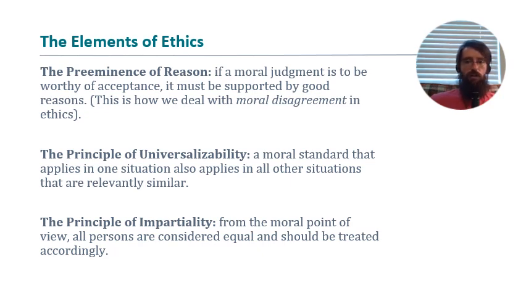If it's wrong for me to break into your home and take your TV, then it's also wrong for you to do that to someone else. Right? So you, me, anybody else, none of us are exceptions to the moral rules. These are things that everybody must follow, and they apply in a way that's consistent across all relevantly similar situations.